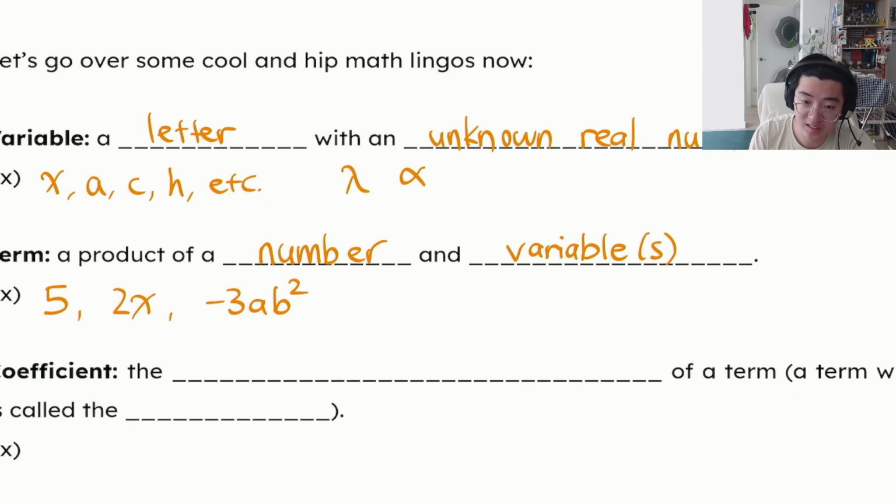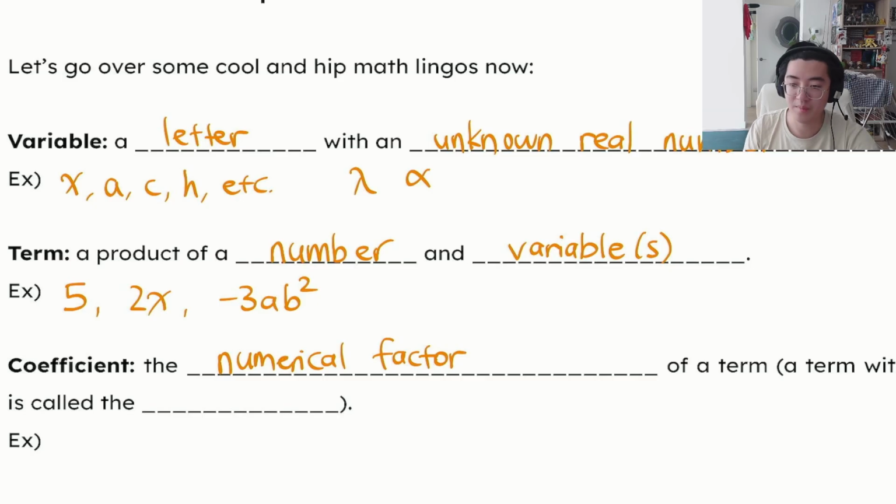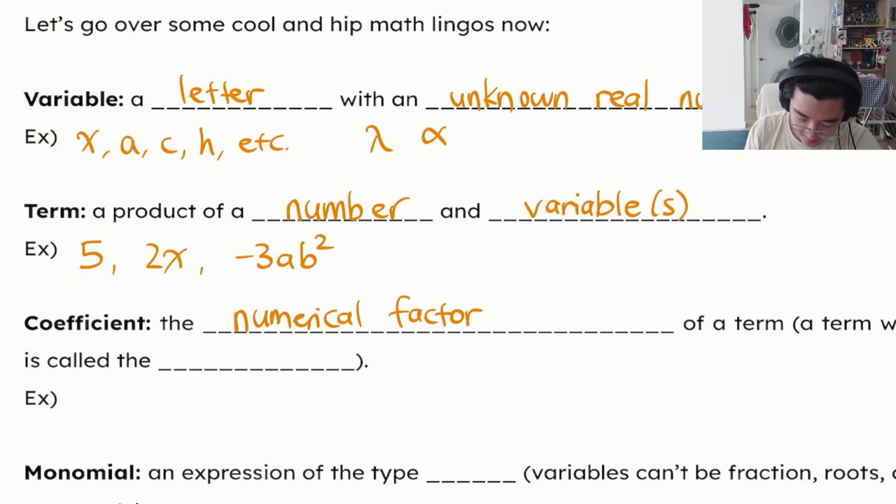Next is the coefficient. That's the numerical factor of a term. For example, in the case of 5x, the number 5 is the coefficient.